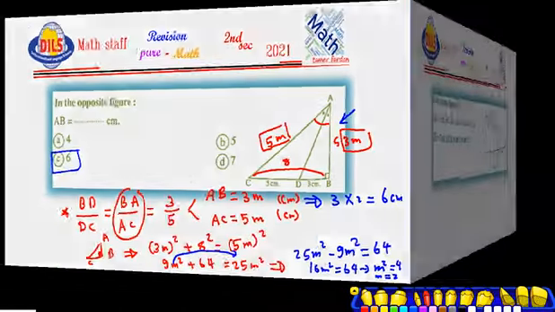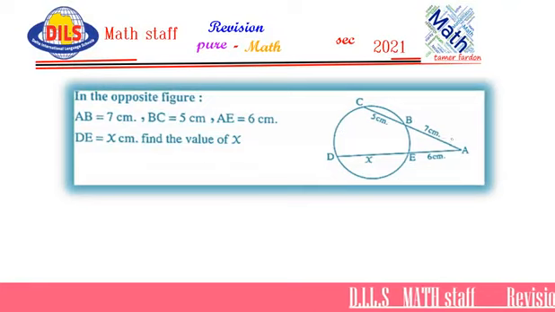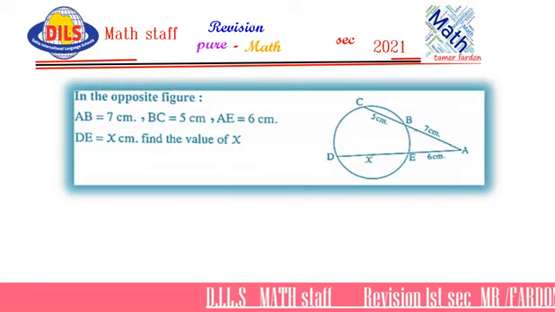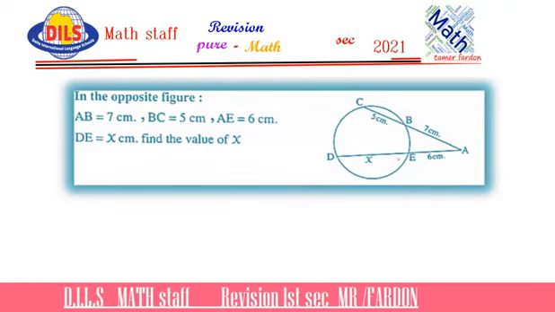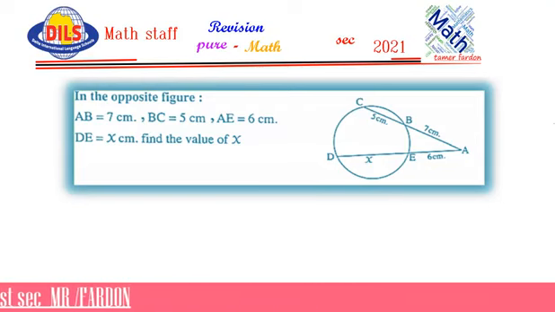The next, in the opposite figure, AB is 7 centimeters, BC is 5 centimeters, AE is 6 centimeters, ED is x centimeters. Find the value of x.